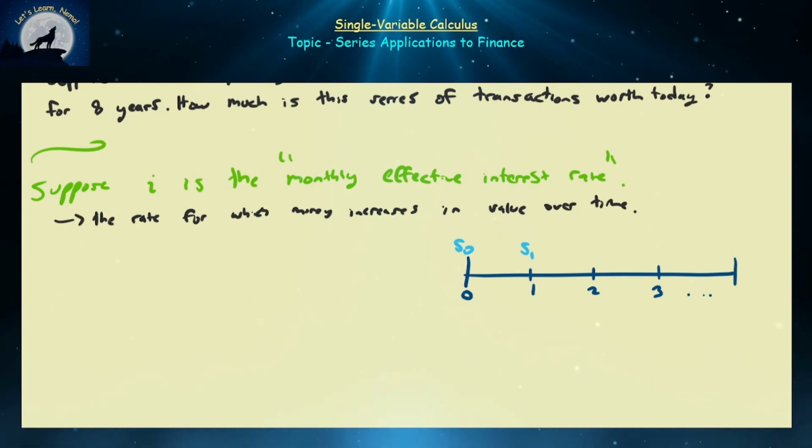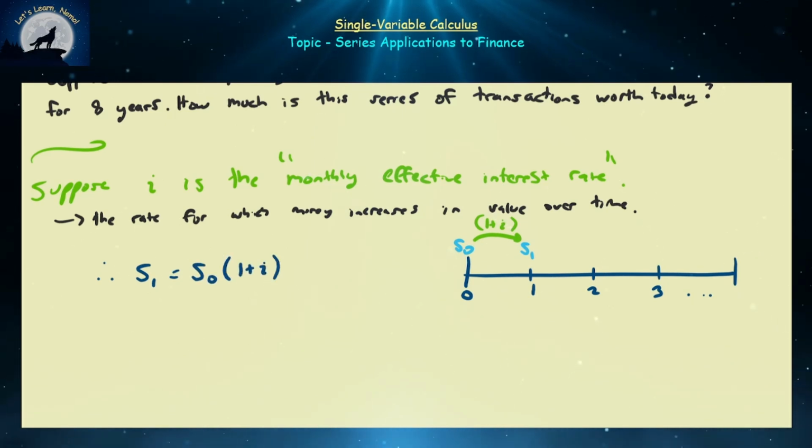So if it increases by I%, then to go from S0 to S1, we multiply by 1 plus I. For example, if you have $5 and it increases by 5% in a month, then you multiply that by 1.05 for increasing by 5%.